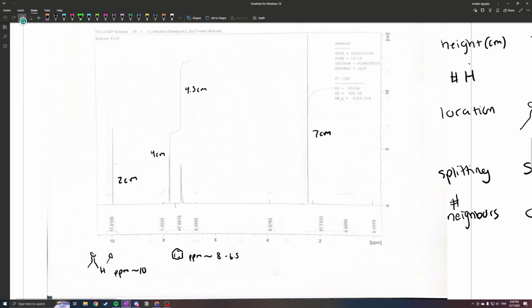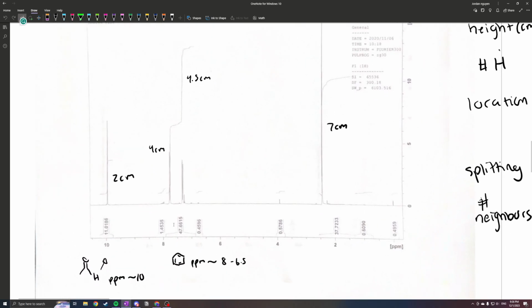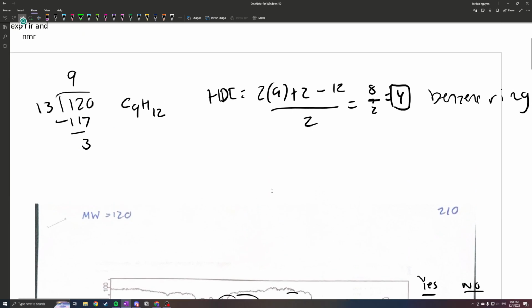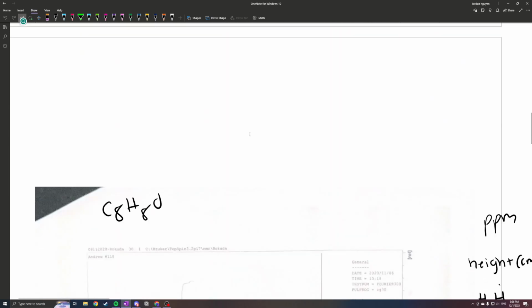And then there are 2 peaks at around 7.8 and 7.3, and that does indicate a benzene ring too, so it also matches what I said on the IR and from the HDI.